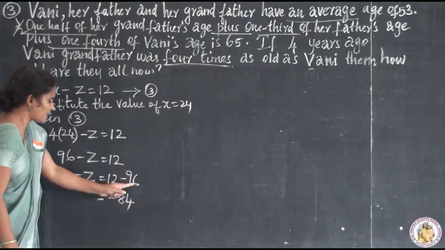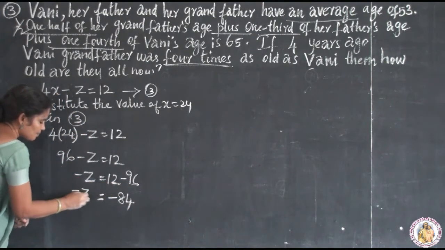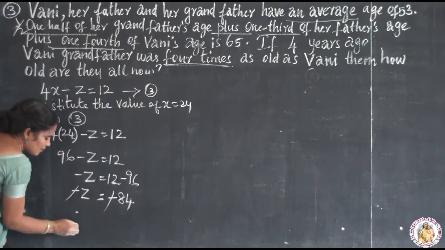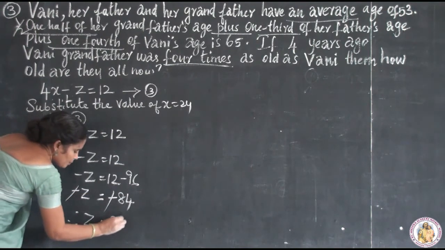The minus signs cancel, therefore z is equal to 84.